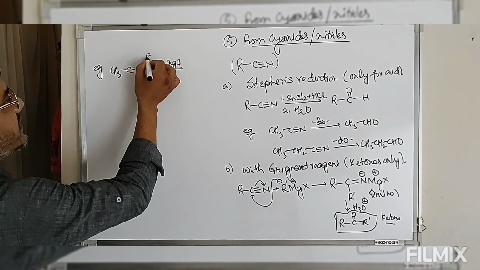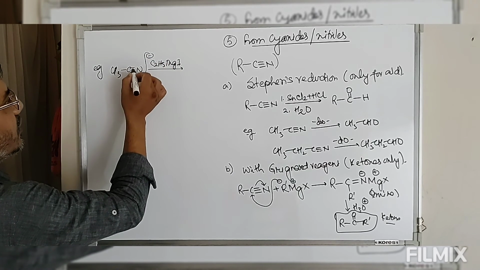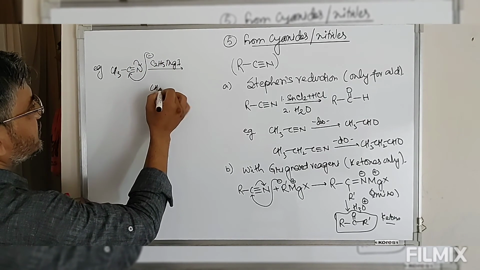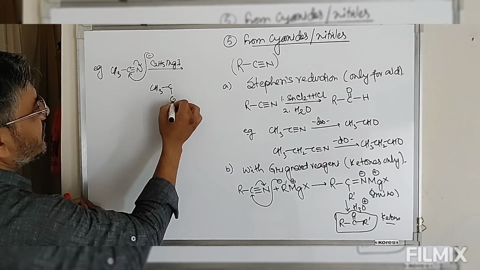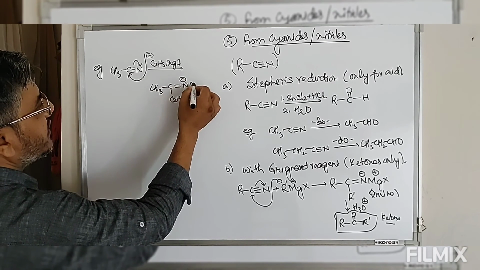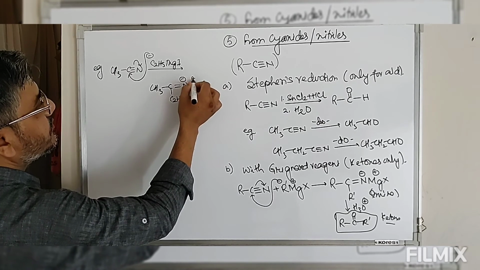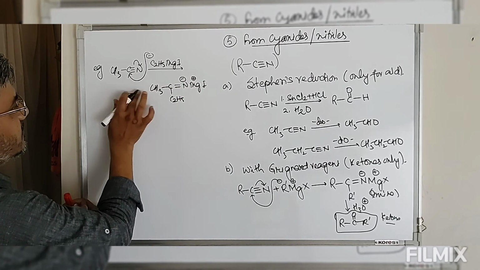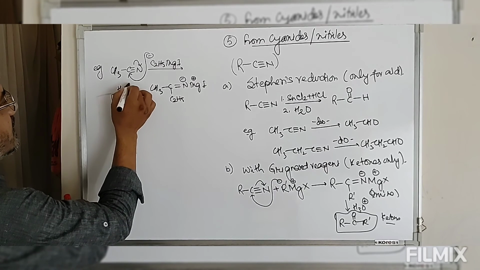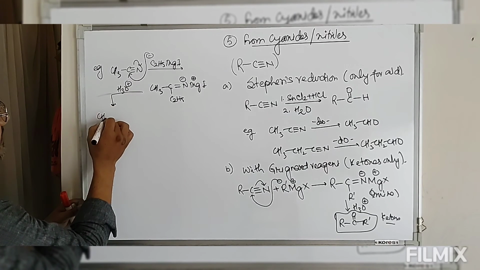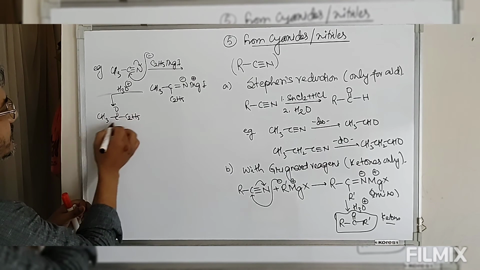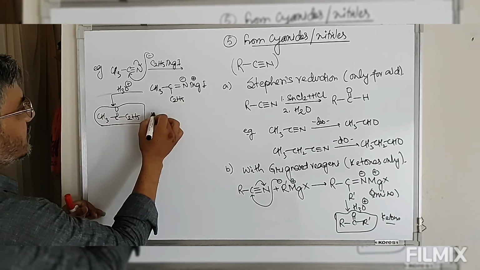What happens is the pi electron is shifted to nitrogen, and we get CH3C(C2H5)=N⁻MgI⁺. Now this on hydrolysis gives you CH3C=OC2H5. So here we get a ketone.